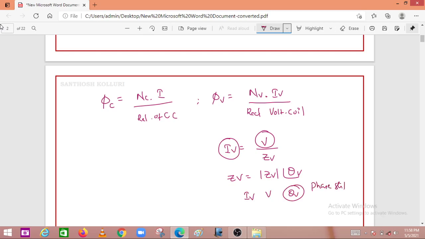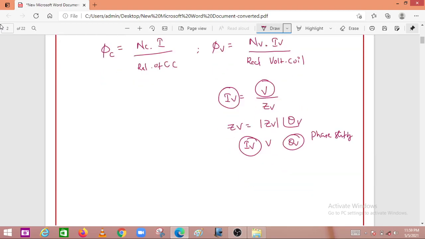So this phase shifting network is used for making this IV lag or lead with respect to this V. Okay, and after that, as we know the formula, the operating torque is directly proportional to phi 1 into phi 2 into sine alpha. That means here in this case the operating torque is directly proportional to phi C into phi V sine alpha.